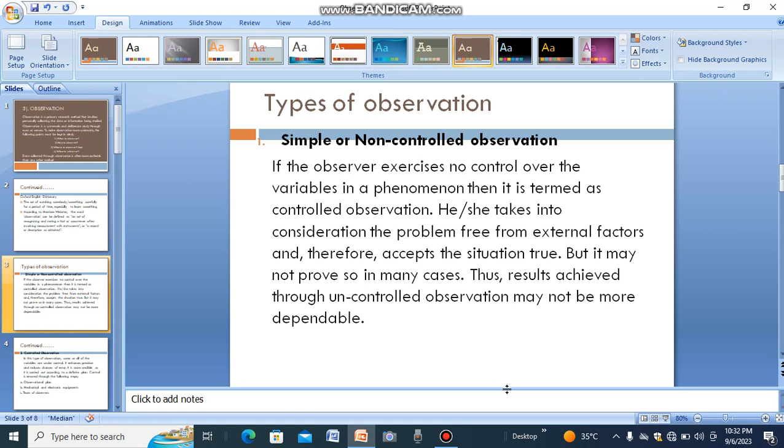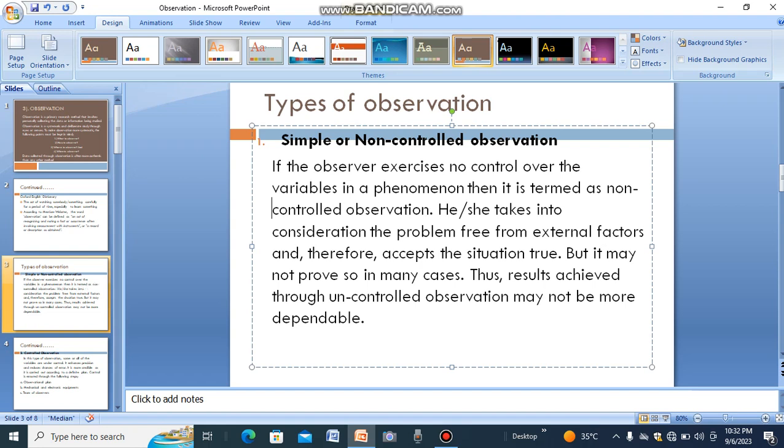In the non-participant or simple observation, the researcher doesn't have any control over the variables in a phenomena or during the research. That is why it is termed as non-controlled observation. It is termed as non-controlled observation because the researcher doesn't have any control or doesn't have any access to apply certain techniques.